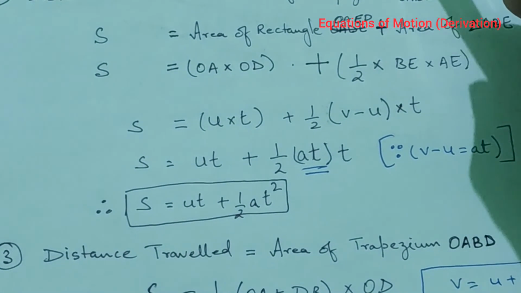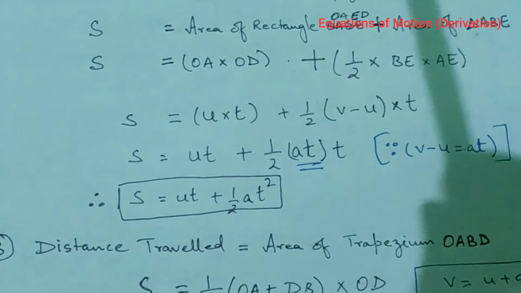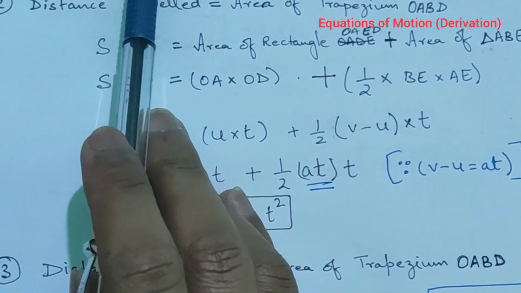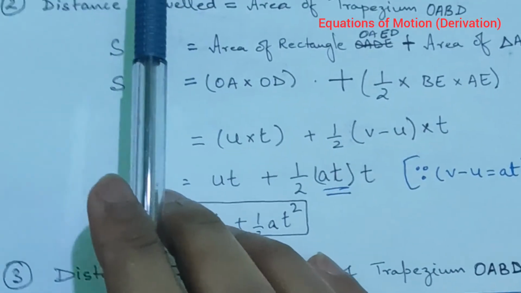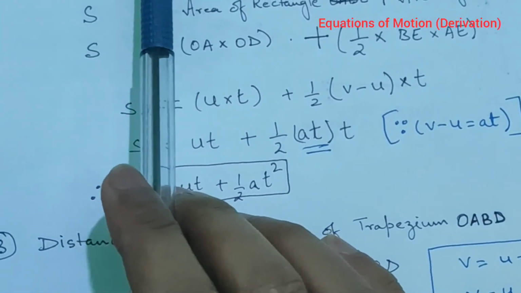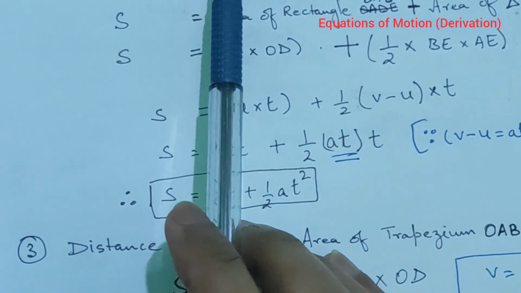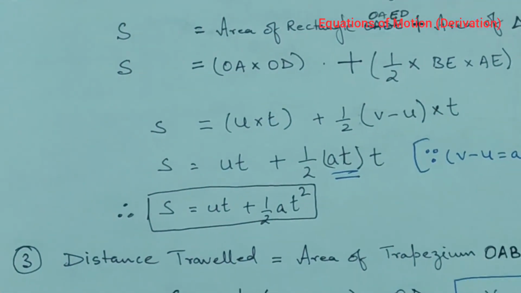So we have v minus u upon the value of OD, which is t. So a is equal to (v minus u) upon t. Cross multiplying, we get at is equal to v minus u, or v is equal to u plus at. That is the derivation of the first equation of motion.